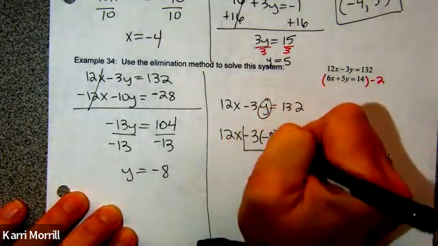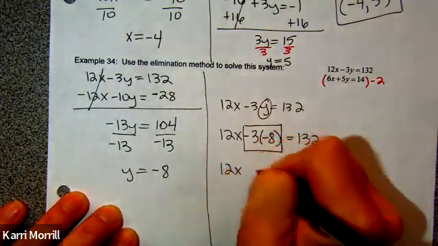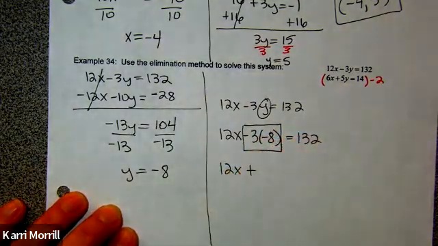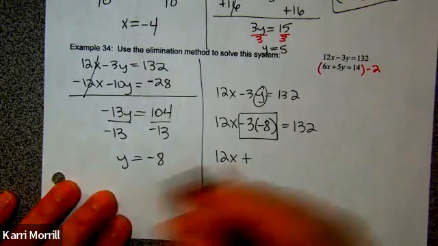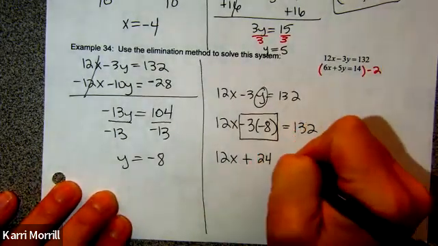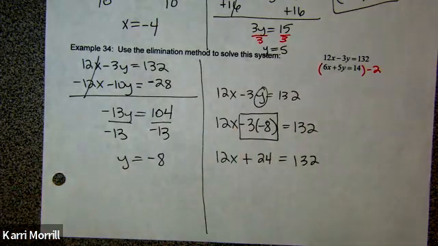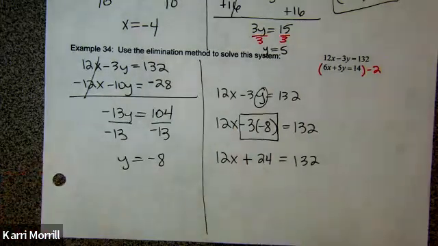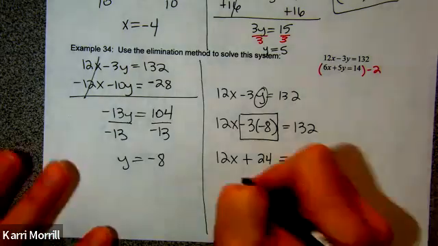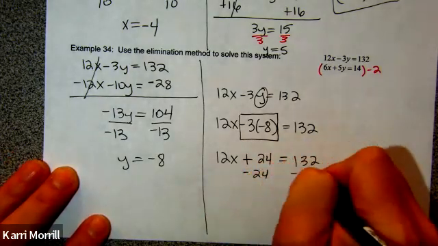So you have to do that multiplication first before you add or subtract to move it over. So that would be a positive 24. Remember that minus sign, you want to think of it like it's a negative 3 times a negative 8, which makes it a positive 24. Otherwise, you'd have to fix the double negative anyways. And then we're going to subtract 24 from both sides.